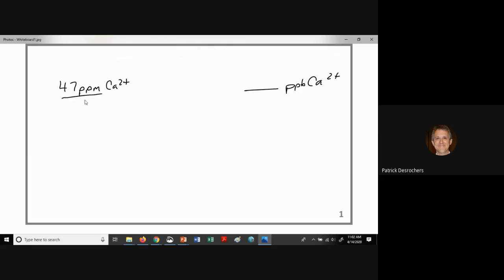When I go from this concentration, whatever this number is, would it be the same concentration? First question. If I was to re-express the calcium concentration here, would it be the same concentration or different?